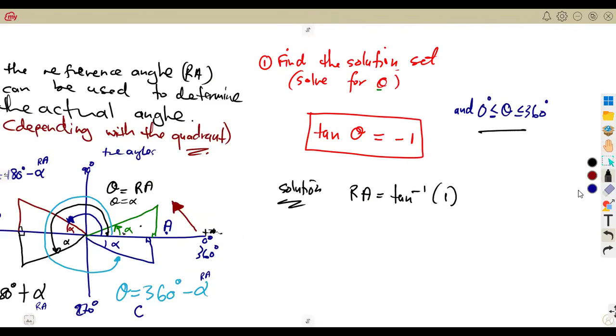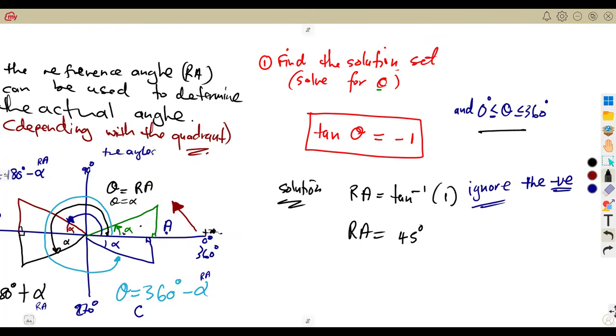So it's arctan 1. We ignore the negative, so we are just having a 1 there. The reference angle is not affected by that. We just use it as it is, a 1, which is going to be 45 degrees on your calculator.